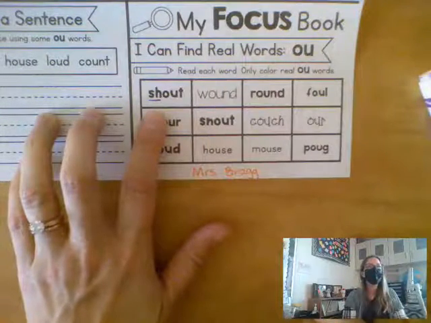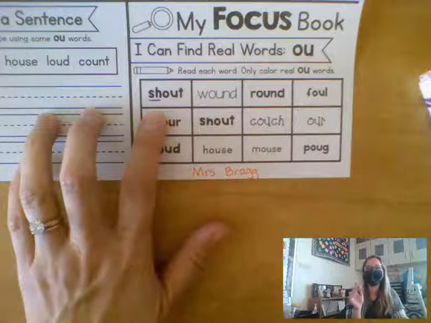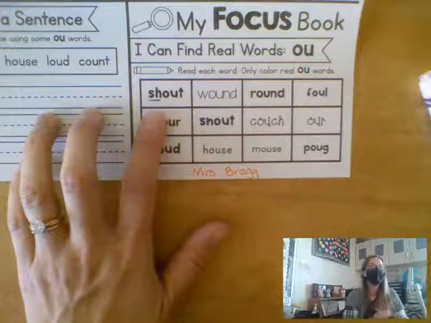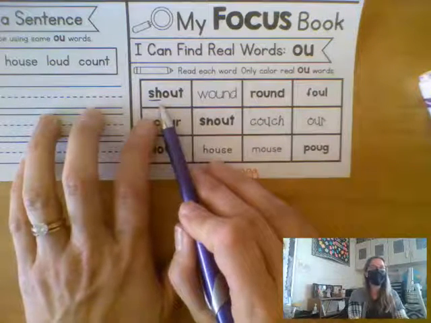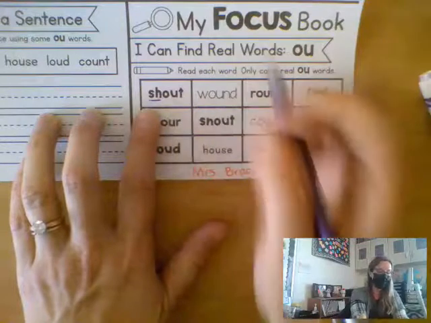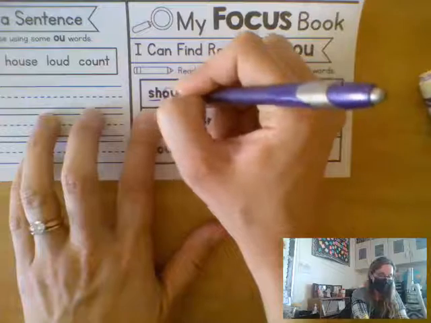Raise your hand if you know when you see SH together what sound it makes. Isaac? Shh, like be quiet, right? Shh. So when I see this SH, I'll say shh. Now, Lily, we're learning this week that the OU together make what sound?